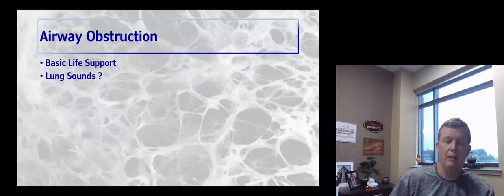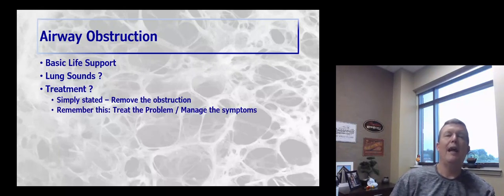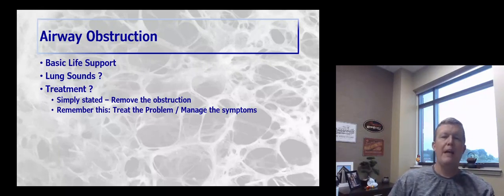There's no air moving in or out. This is a life-threatening emergency. Simply stated, the intervention is to remove the obstruction. This is the function of the Heimlich maneuver. Depending on the type of obstruction and the clinical scenario, that may be insufficient to address the obstruction.